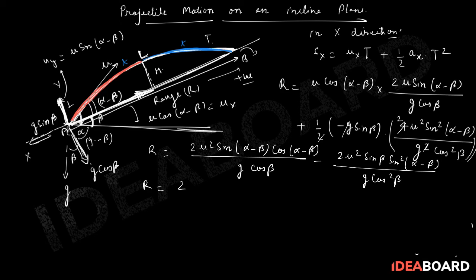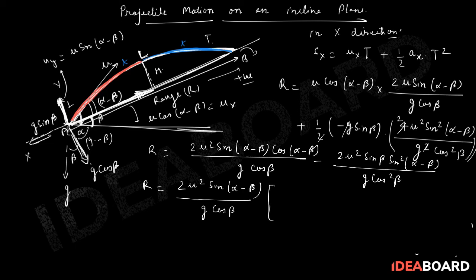What is common? So 2u square is common. We can take sin(alpha minus beta) also common, upon g cos beta is also common, which is total common.